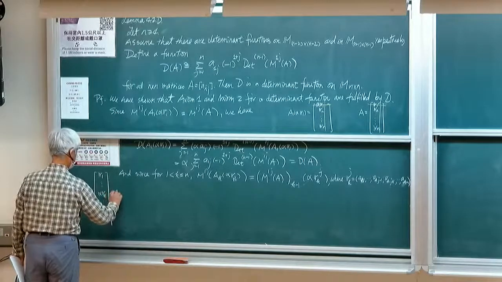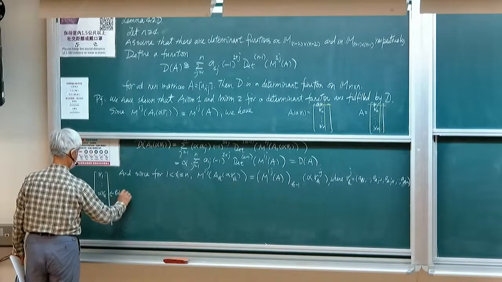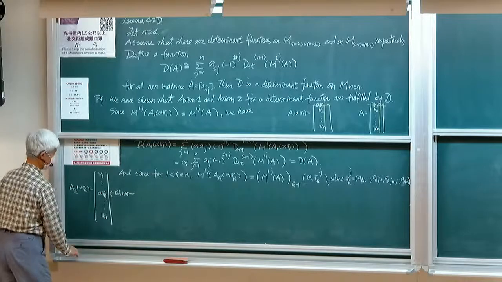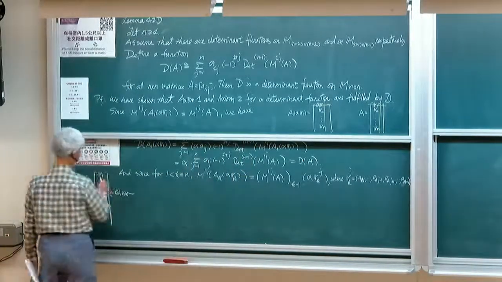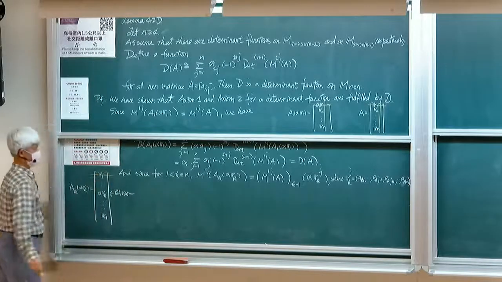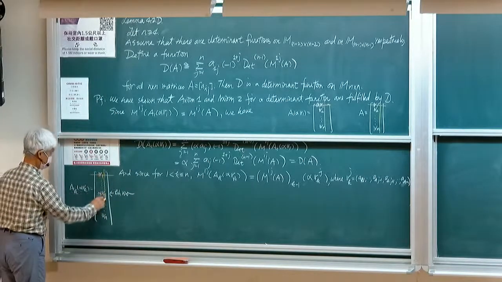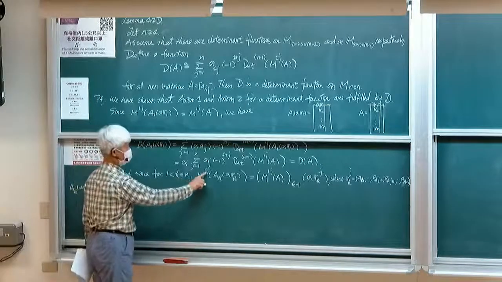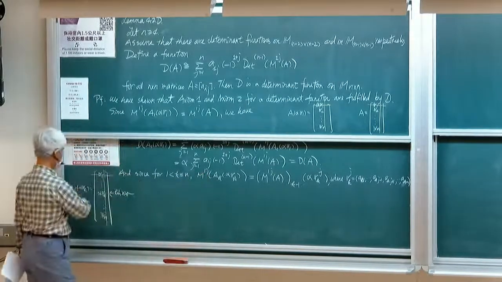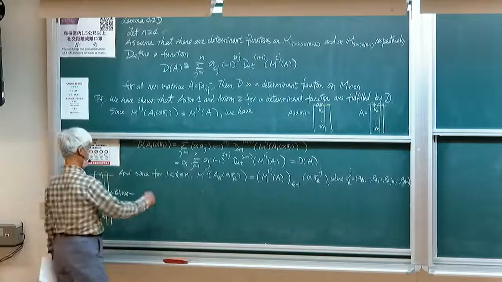So this is the k-th row here. When you remove the first row and the jth column, you get the 1j minor of this matrix.